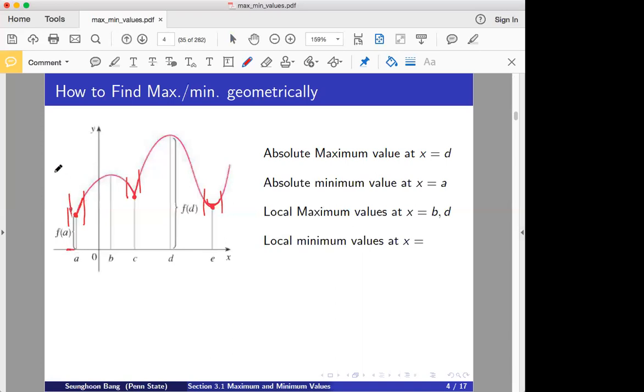We don't have a function value. No function values on the left-hand side. So what does it mean? We cannot compare f of a with function values on the left-hand side. We cannot compare. So no, we don't have a local minimum at an endpoint.